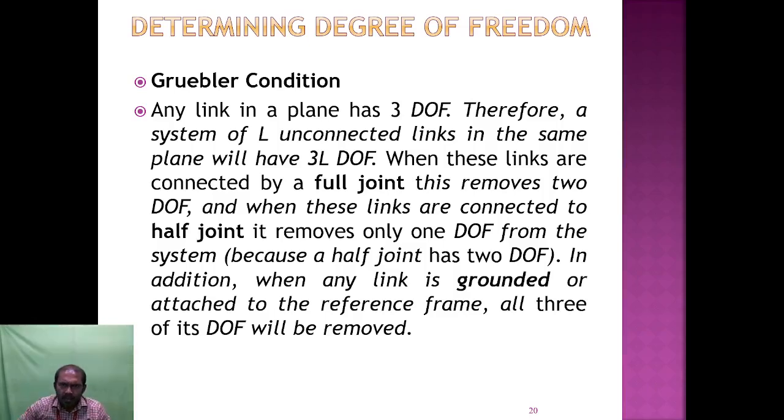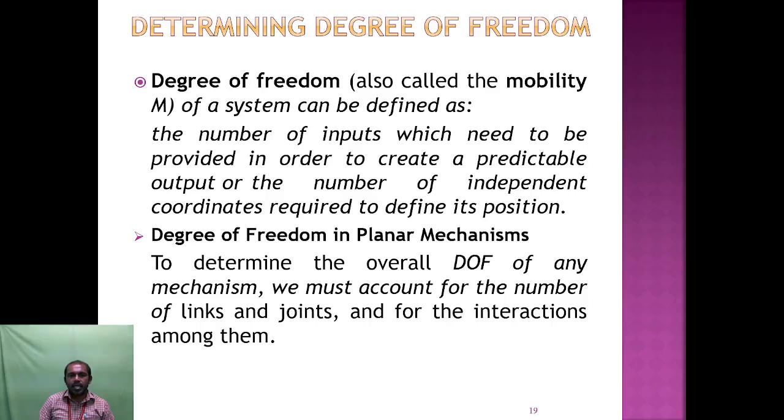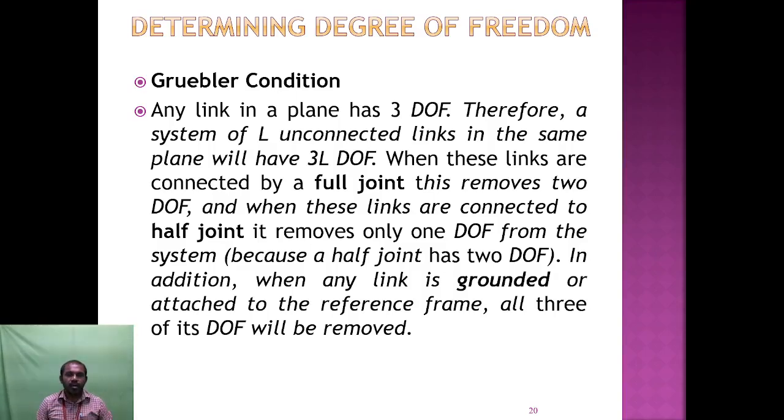The mobility M of the system, that is the degree of freedom, is calculated by using the Kutzbach criterion. The Kutzbach criterion is very important to find the degree of freedom. Any link in the plane has 3 degrees of freedom. Therefore, a system of L unconnected links in the same plane will have 3L degrees of freedom.